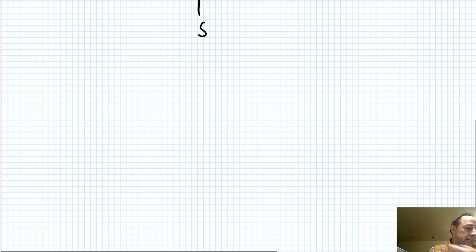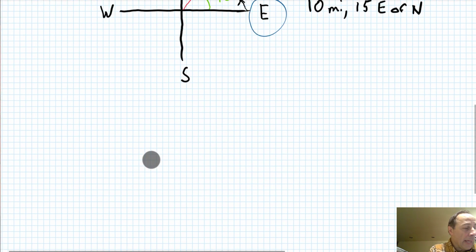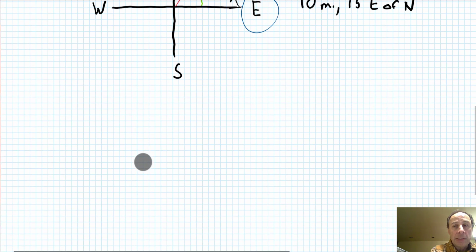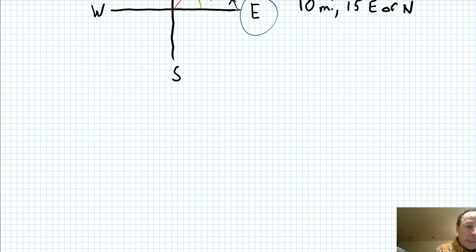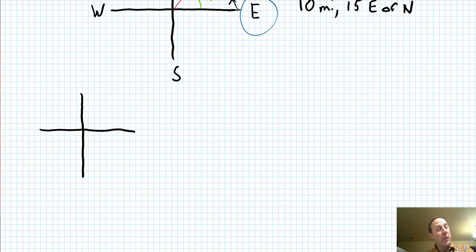So they can be expressed as directions like that, but it can also be expressed as just a mathematical graph. And the degrees and stuff are the same. Instead of north, south, east, west, we have a plus and minus x and a plus and minus y. And we have our same vector.